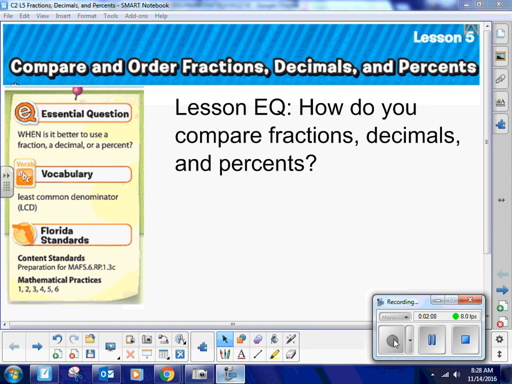If not, remember, for fractions you want to have common denominators, and then everything else you can order as needed. You don't have to change decimals to anything if you're comparing all decimals. You don't have to change percents to anything if you're comparing all percents. But if you're comparing all of them combined, you need to change them all to one thing, and I suggest doing decimals.